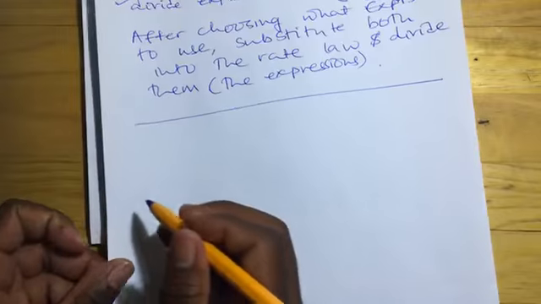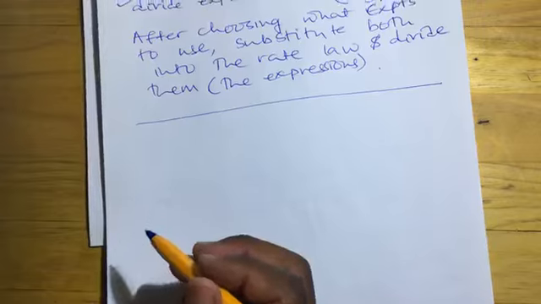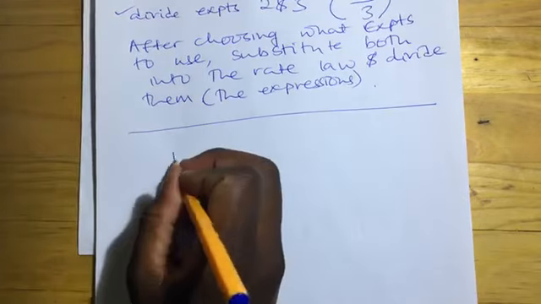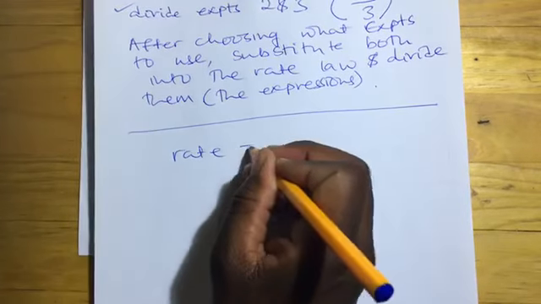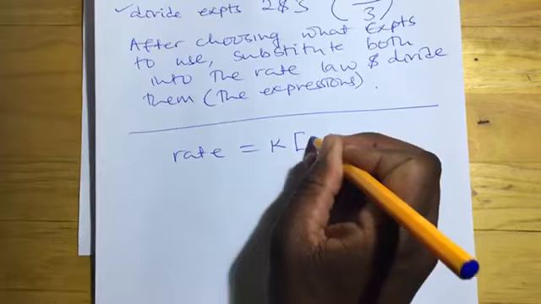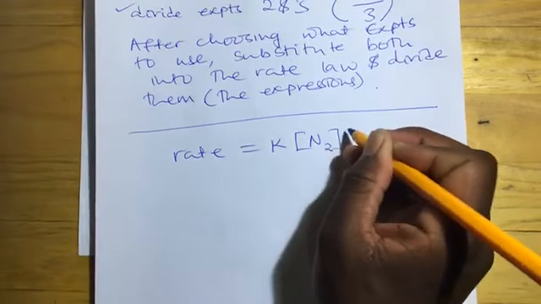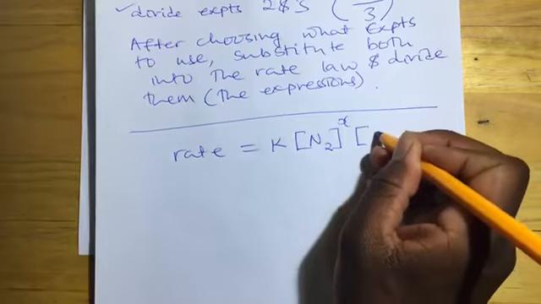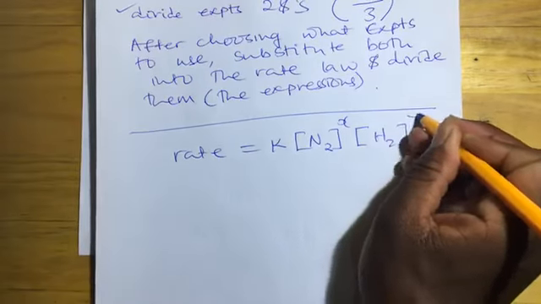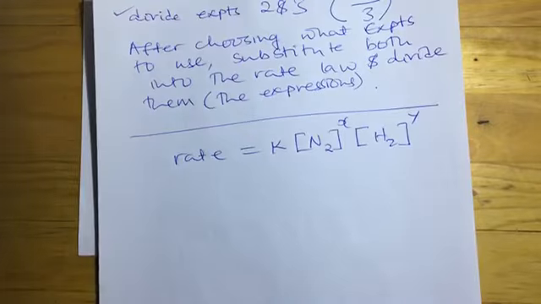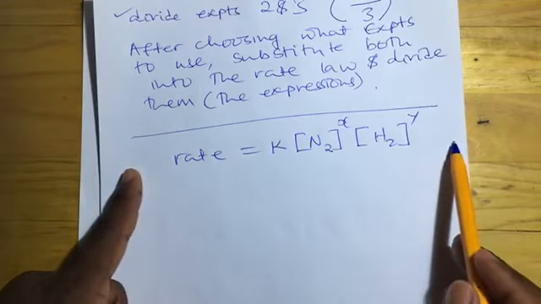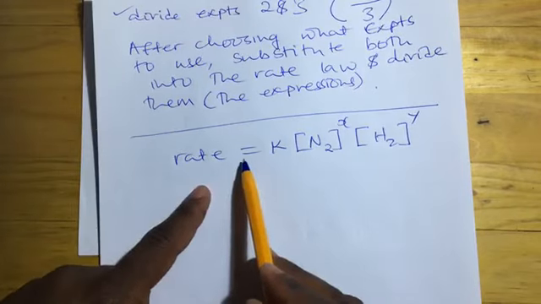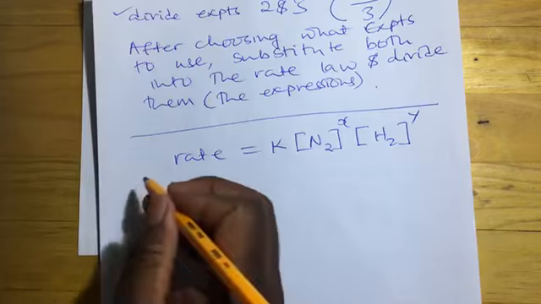Remember, the rate law was rate is equal to K concentration of N2 to the power X multiplied by concentration of H2 to the power Y. So I'm going to substitute twice into this. And then I'll divide those substitutions.